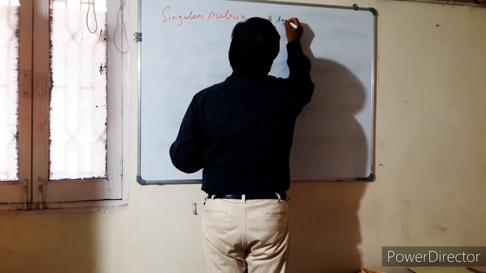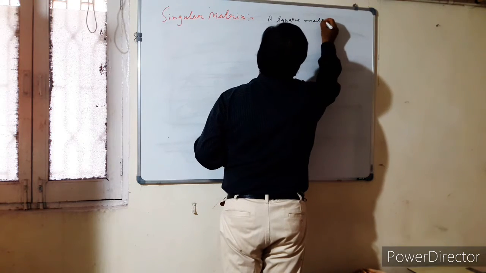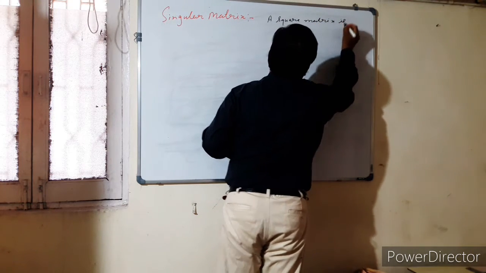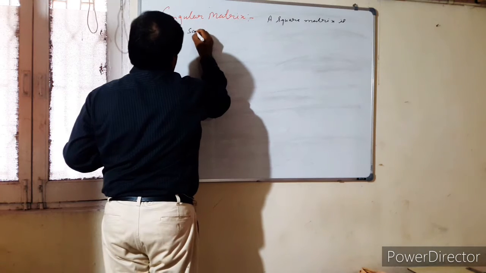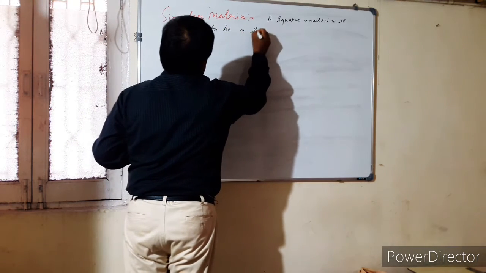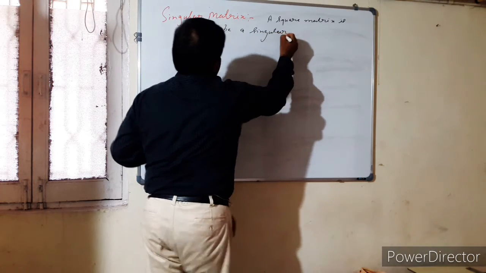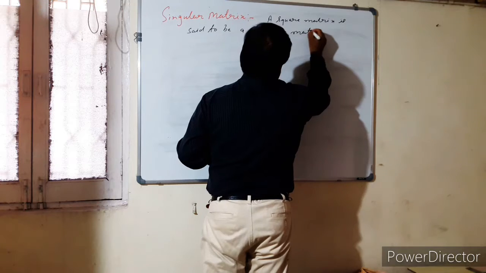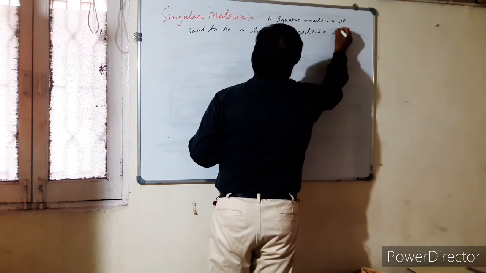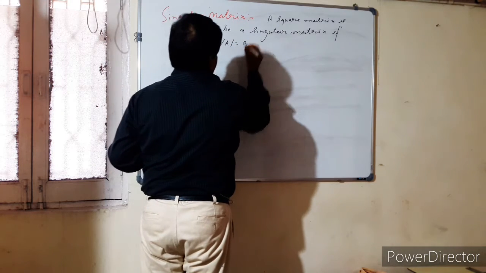A square matrix is said to be a singular matrix if determinant A is equal to 0.